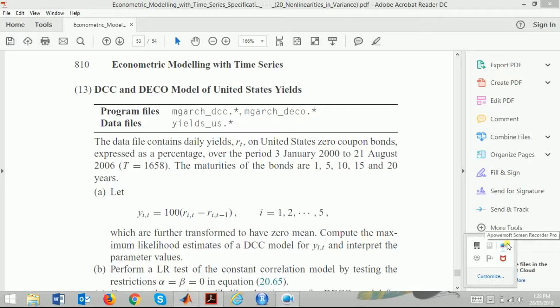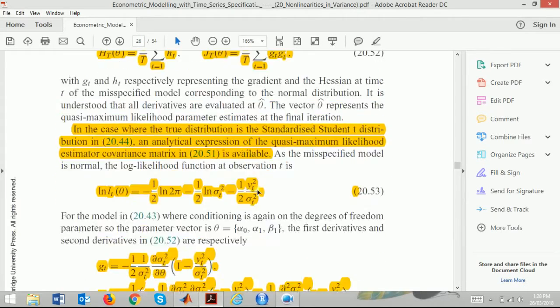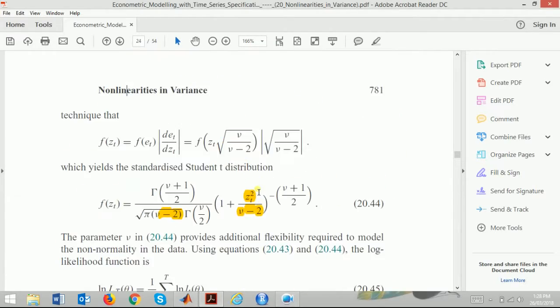Now DCC and DECO model. Now we want to talk about the DCC and the DECO model, but before going in that direction, we need to go back to talking about DCC and DECO. So let's move to page 26.